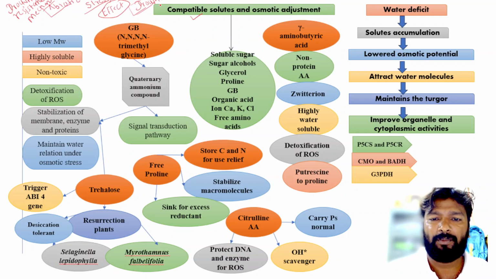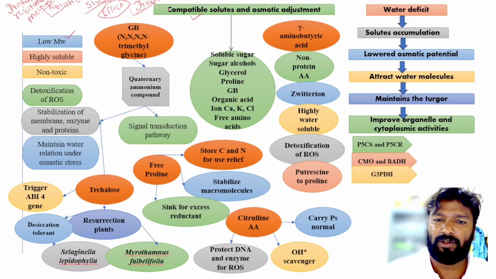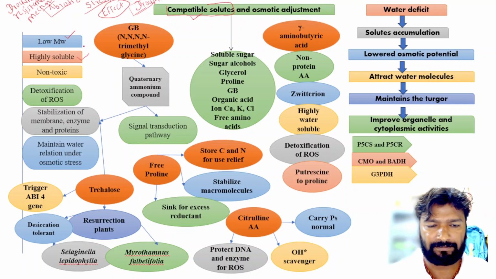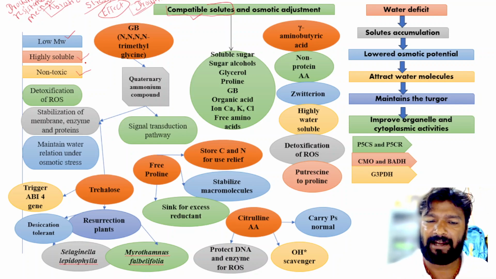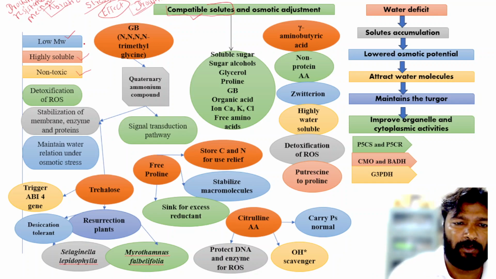These compatible solutes are low molecular weight compounds, highly soluble compounds, and also non-toxic at higher concentration, meaning they do not interfere with other cytoplasmic reactions. So these three are the important features of compatible solutes.